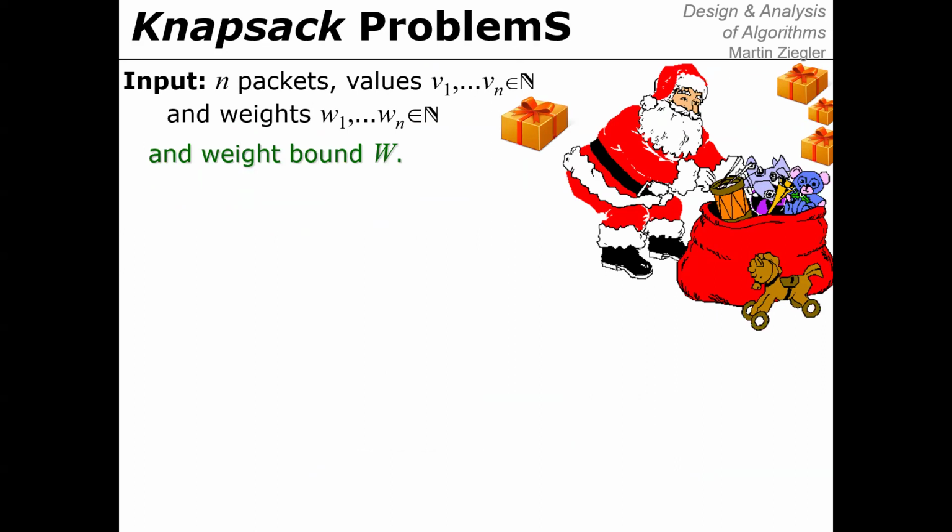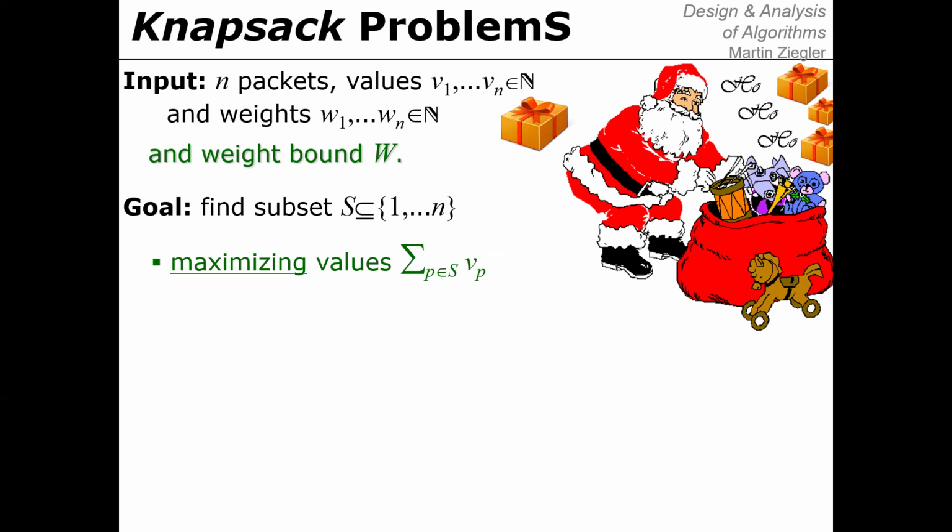And then we have the 3 variants. One variant is where there's a bound on how much weight the knapsack can carry, and we want to maximize the value. We want to pick packets such that the total weight picked still fits into the knapsack, but the total value of these packets should be as large as possible.